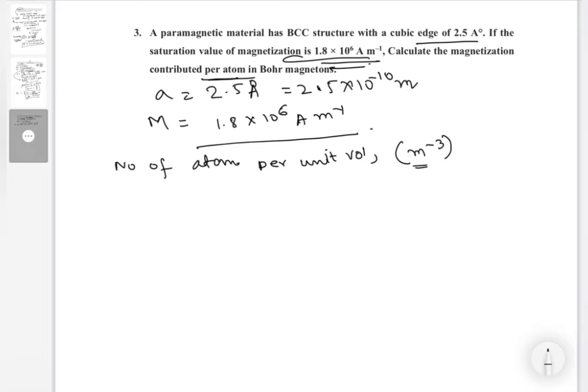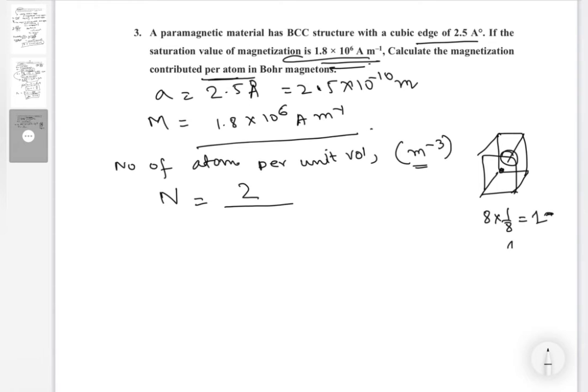So if I write it n, the number of atoms would be 2 for BCC structure. Here each atom at the corner will be shared by 8 atoms. So there are total 8 corners, so 8 into 1 by 8, so there will be 1, plus 1 atom at the center, that will also be added with 1. So ultimately 2 atoms.